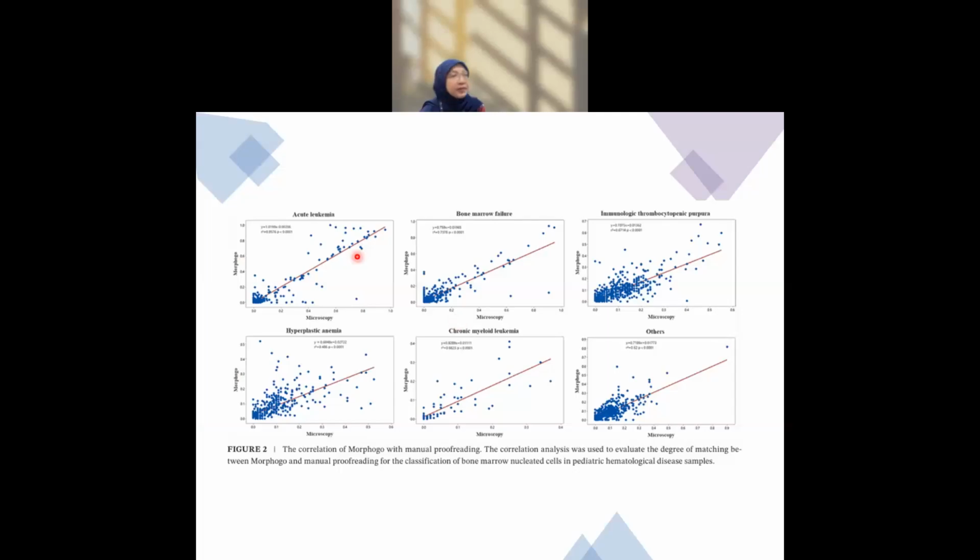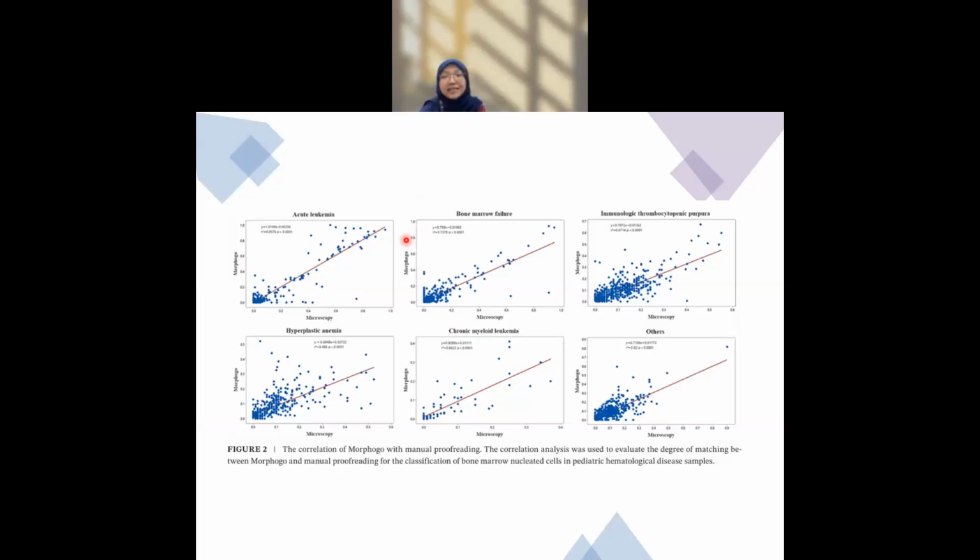Yes, I understand that. In this paper, they use the R square, which measures the relationship between the two variables. R square is R square, but the p-value is different.